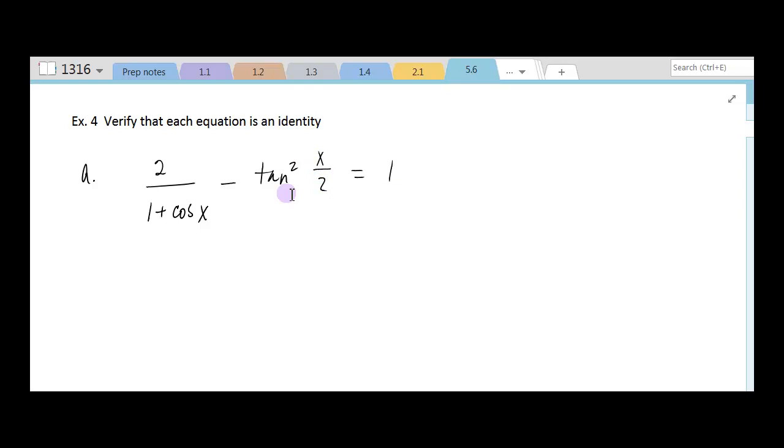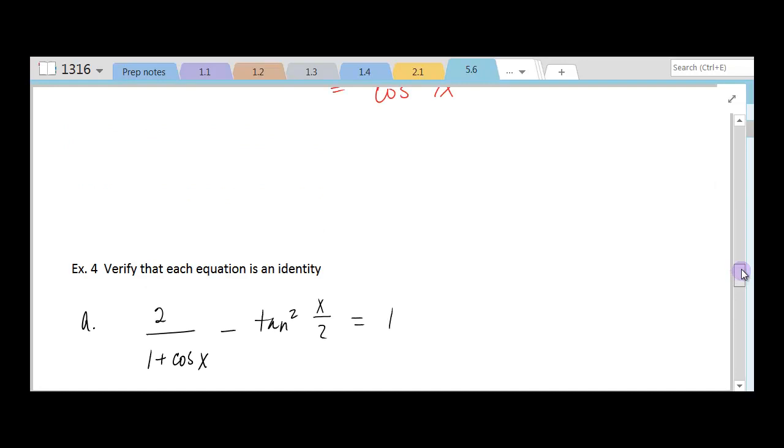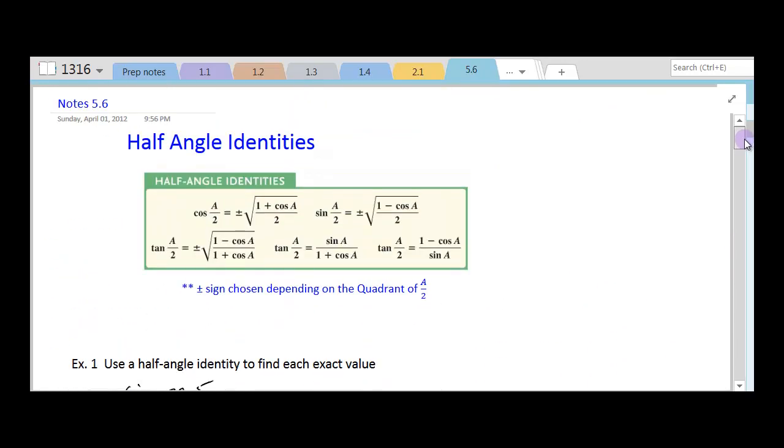So having said that, I am going to look at my half angle identities for tangent, and we're going to scroll up here and look at those together. I have 3 choices I can use.